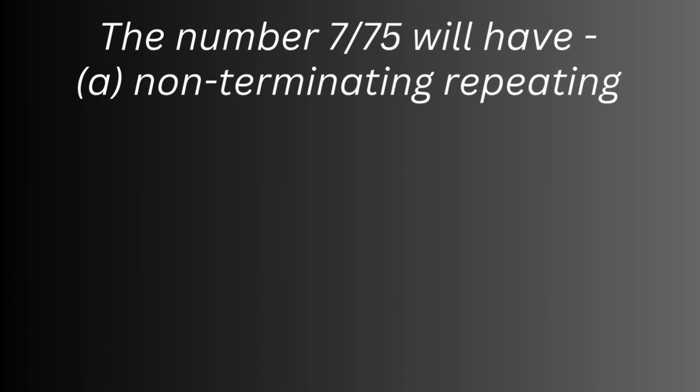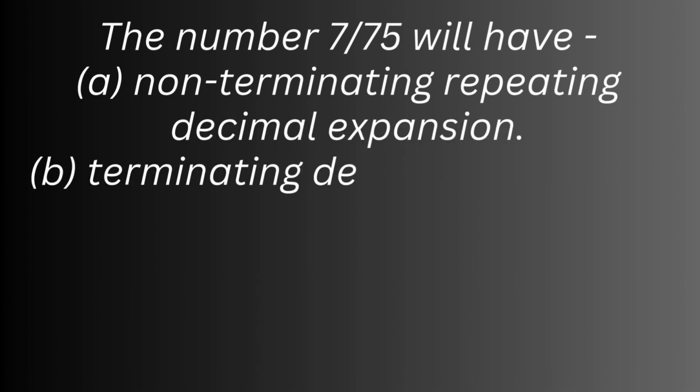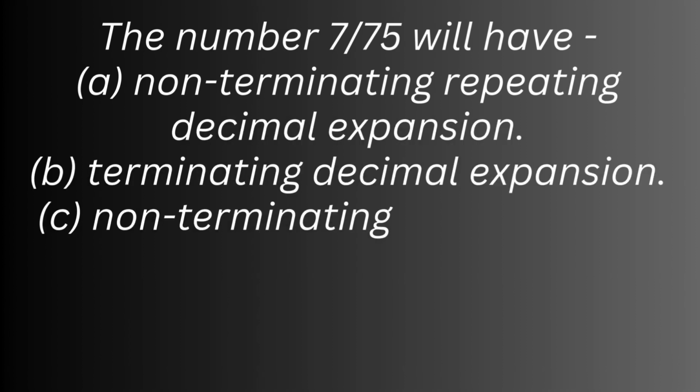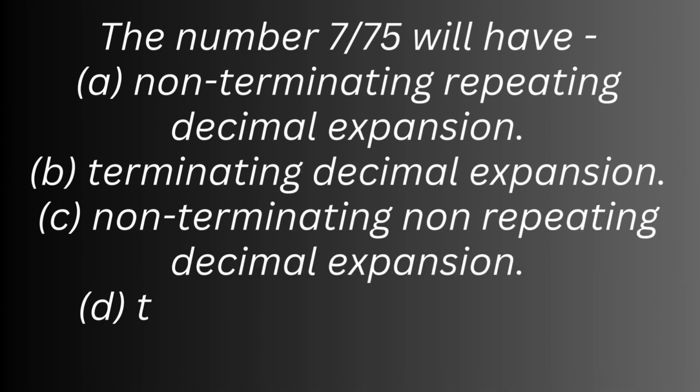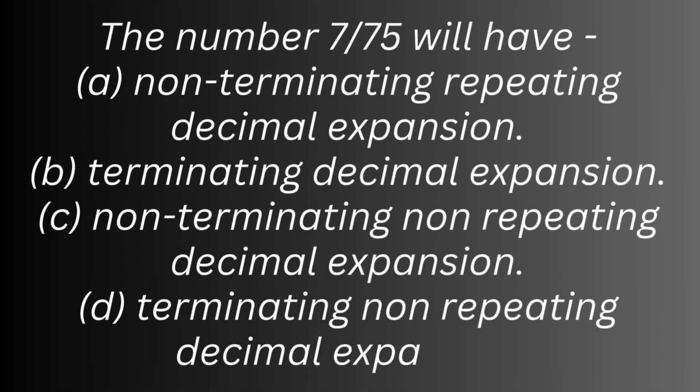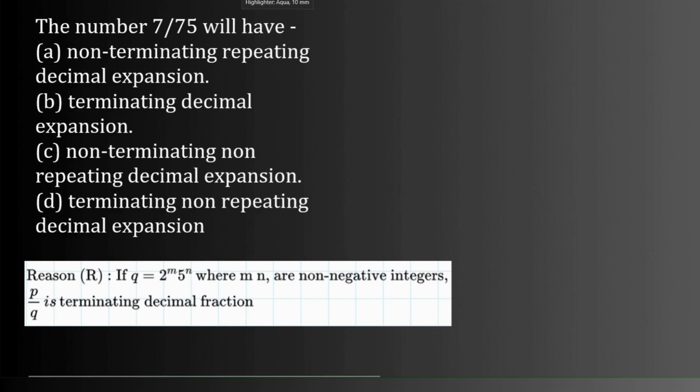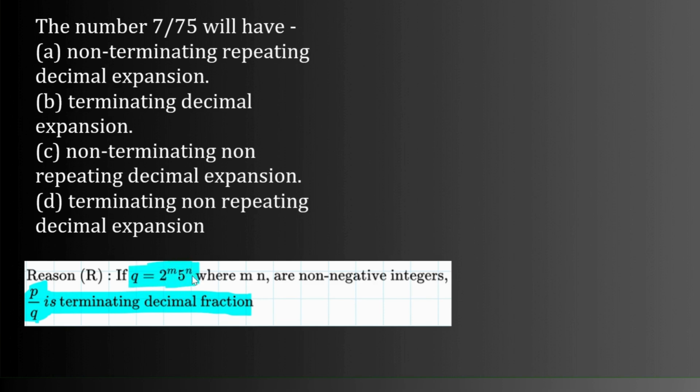The number 7 over 75 will have: non-terminating decimal expansion, terminating decimal expansion, non-terminating non-repeating decimal expansion, or terminating non-repeating decimal expansion. This question is based on the fact that a number in the form of p by q is said to have a terminating decimal expansion if the prime factorization of q is in the form of 2 raised to the power m multiplied by 5 raised to the power n, where m and n are non-negative integers.